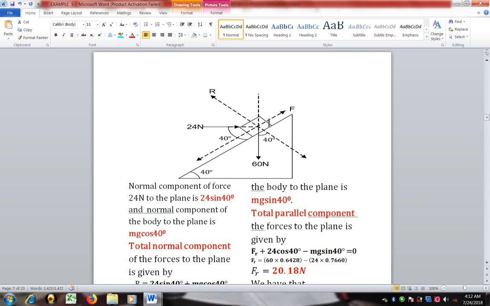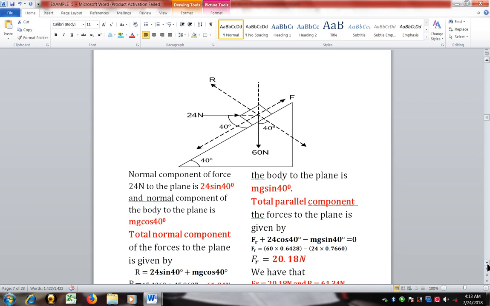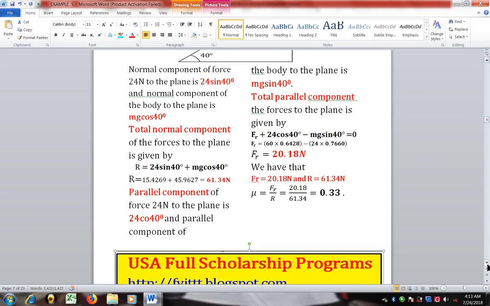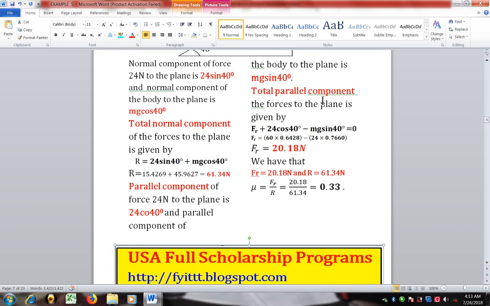So that gives us that the component of the weight along the plane is mg sin 40, or 60 sin 40. So we take 60 sin 40 for the resolution of the weight along the plane. Now we need to find the total parallel components of the forces.